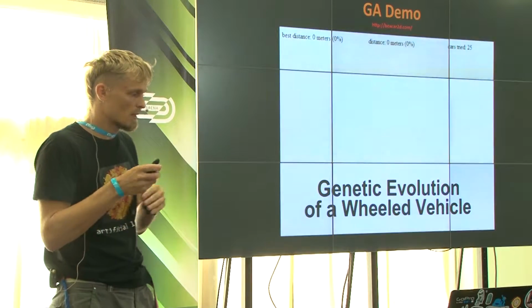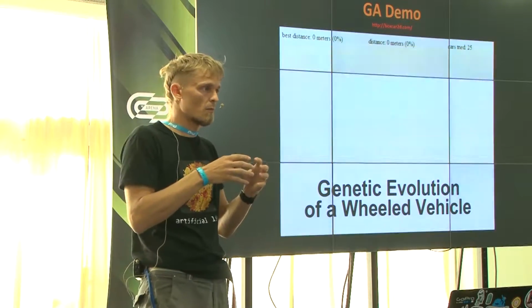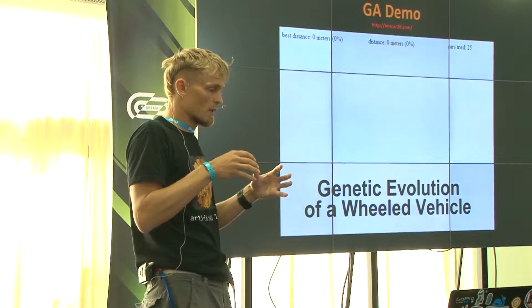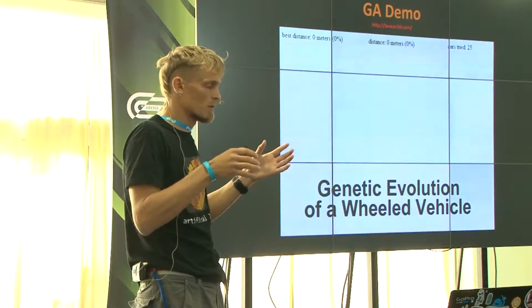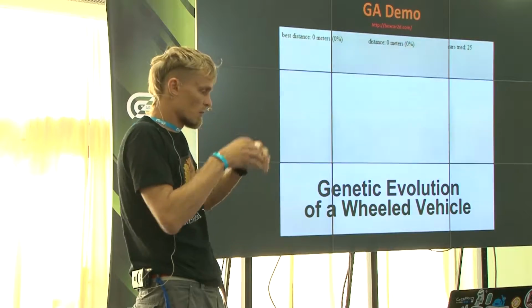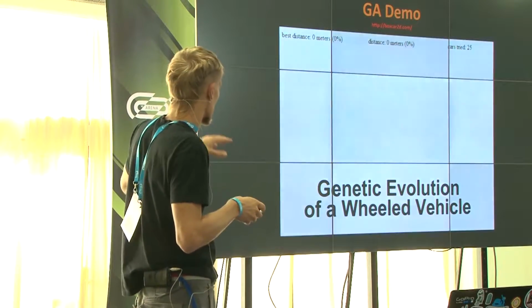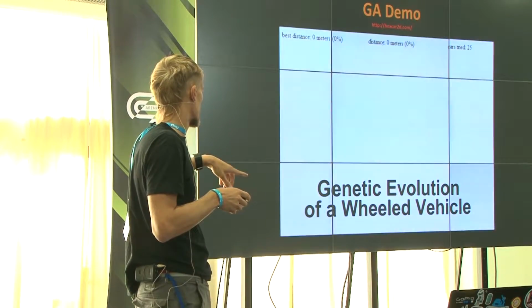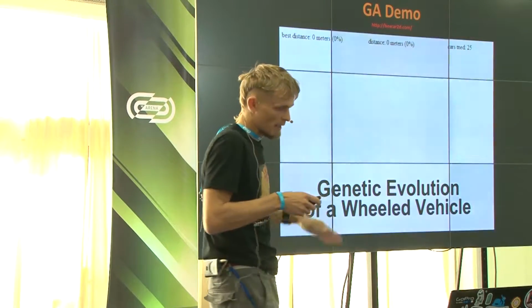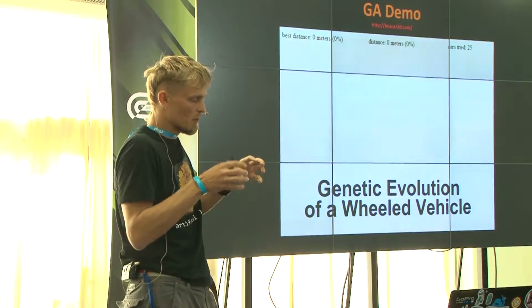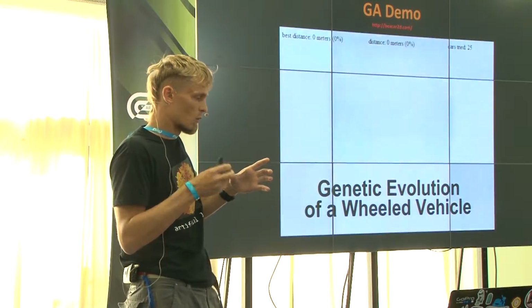So let's imagine we have to create a motorcycle. The program knows nothing about motorcycles, about dynamics, about different physics, about the environment, and so on. This is a 2D, two-dimensional space, and it will be a road, something like this, and we may create motorbikes from different shapes.